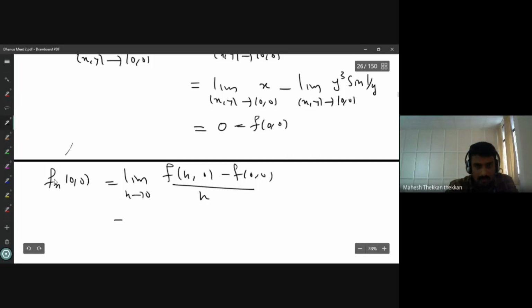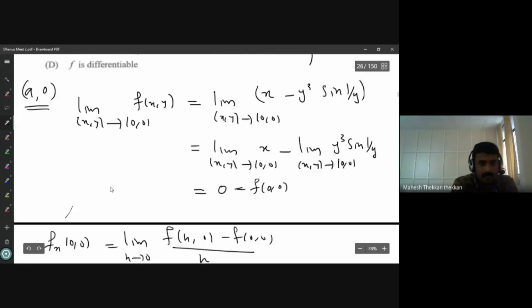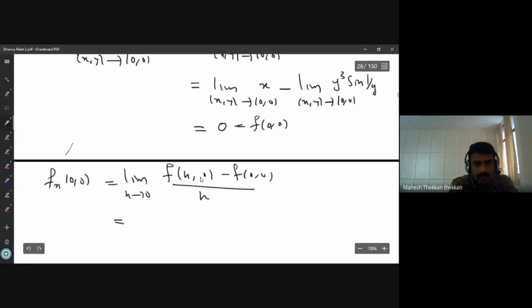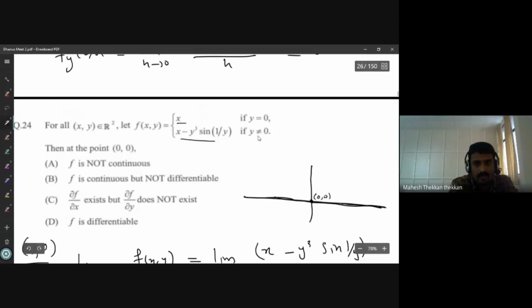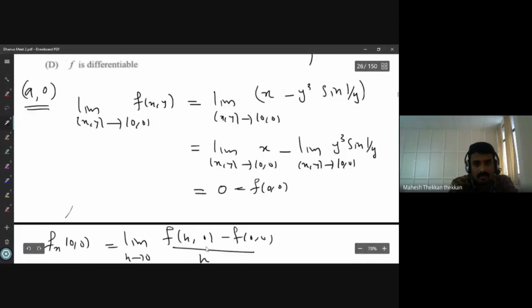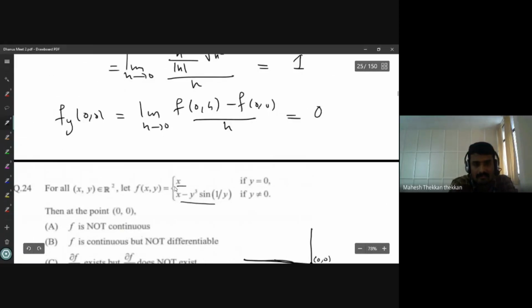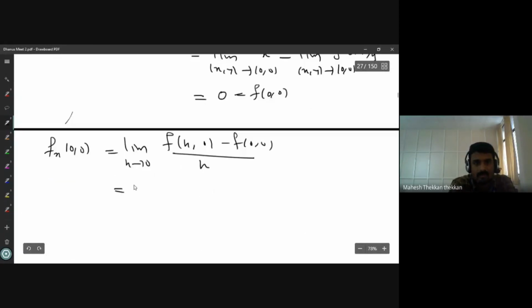What is f(h, 0)? That is the case y equal to 0, so your function is x. So this will be nothing but the limit as h tends to 0 of h by h. So you get 1. f_x at (0, 0) is 1.